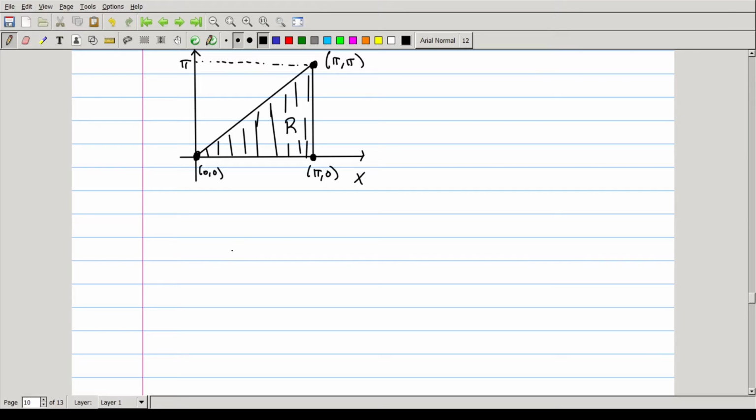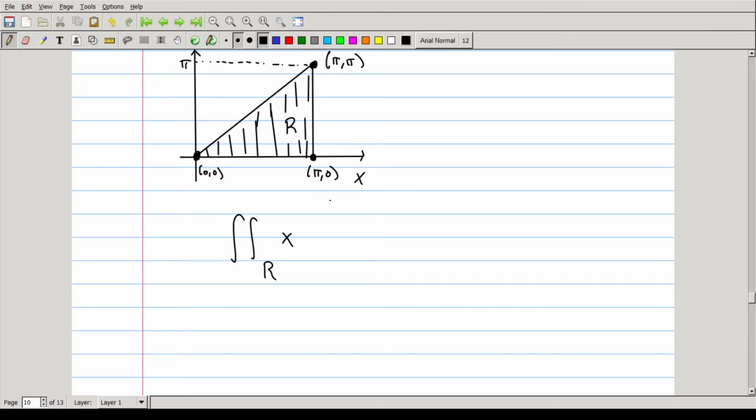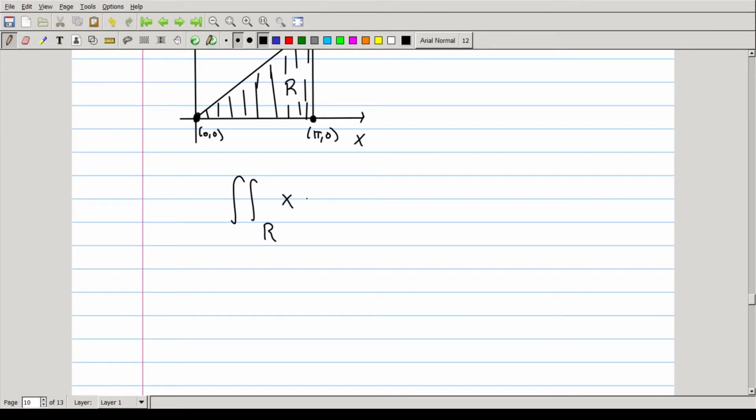Now, to set up the bounds here, start by writing down our general expression for the accumulation, which is going to be the double integral of the function x times sine of y dA.